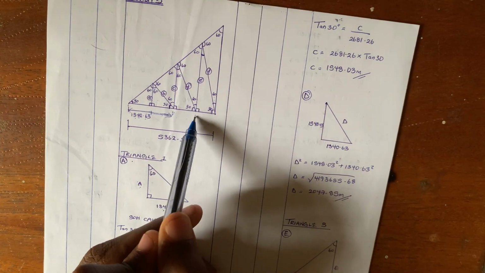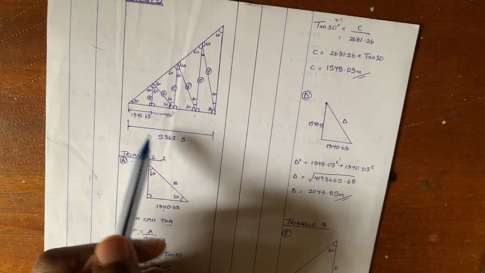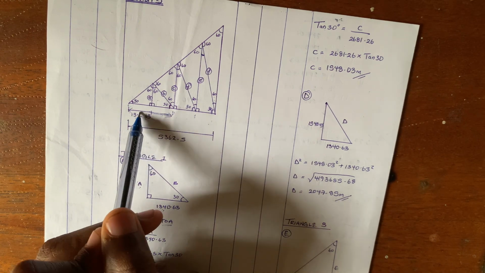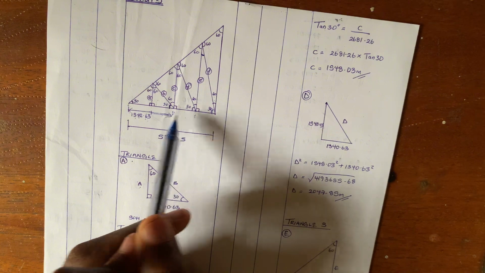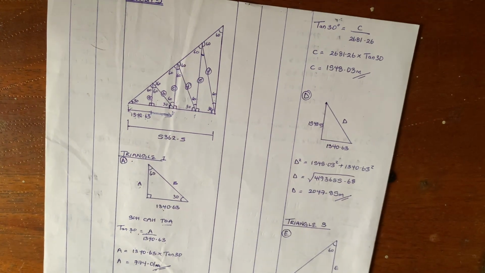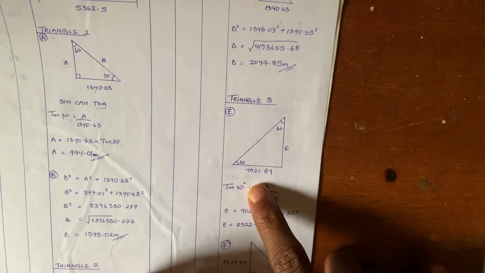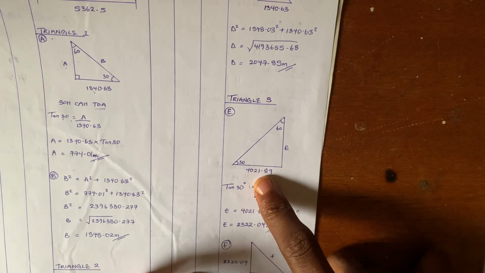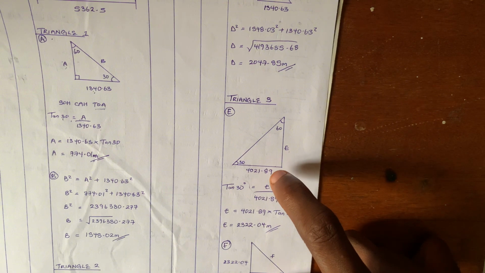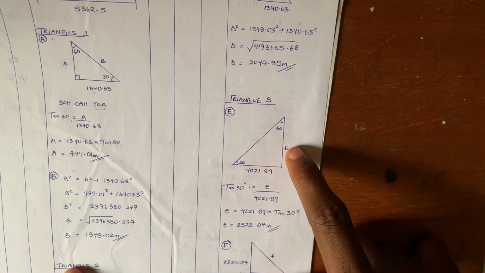So to find from here to here, all you need to do is this: 1340.63 times 3, because here, here, and here are equal. And that is how we got 4021.89.